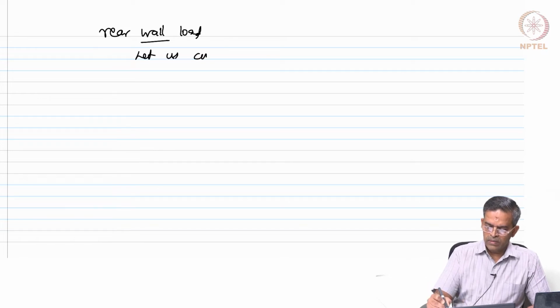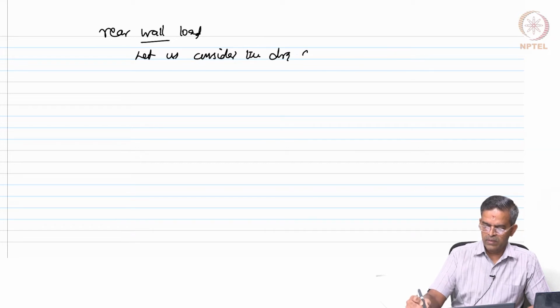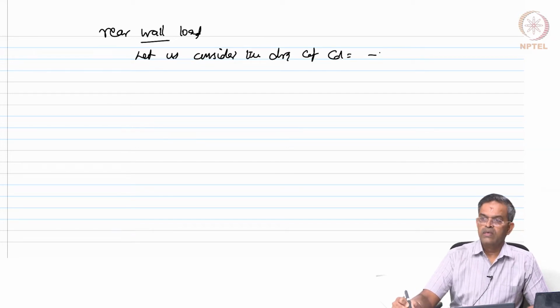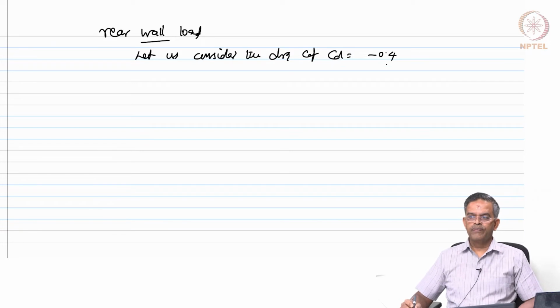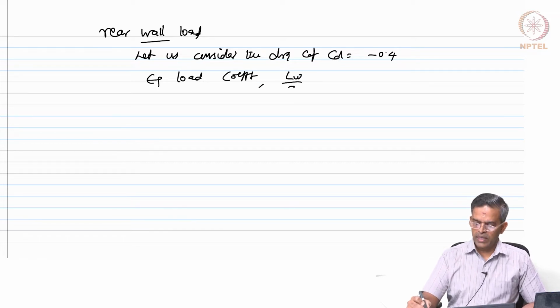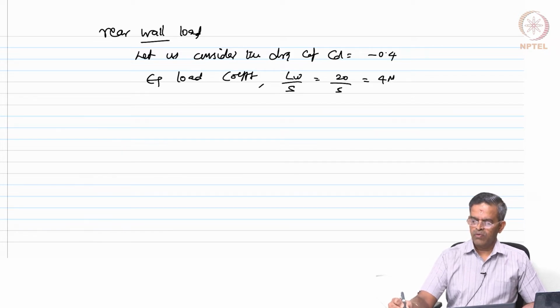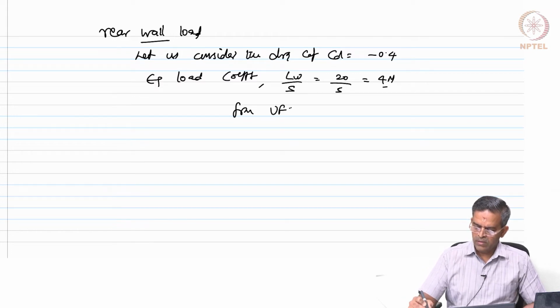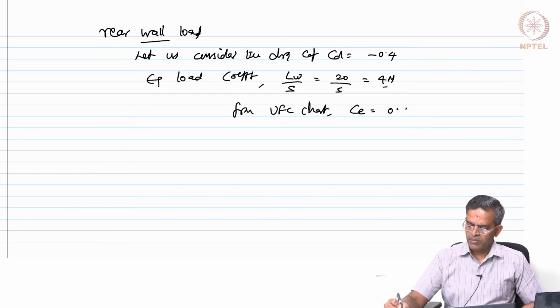Let us consider the drag coefficient CD as minus 0.4. So, the equivalent load coefficient will be actually given by LW by S, which is 20 by 5, which is 4 meters, and from the UFSC chart one can find CE as 0.88.